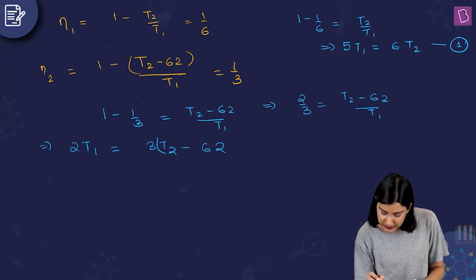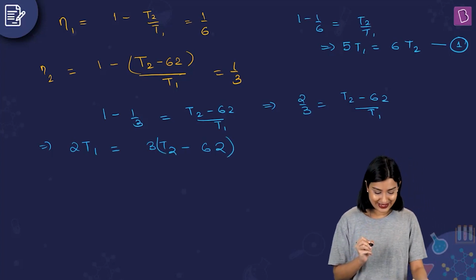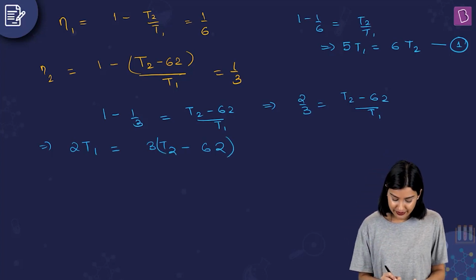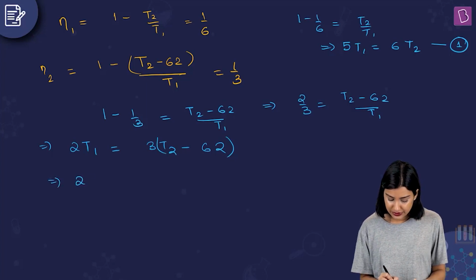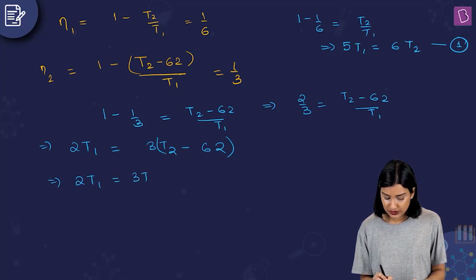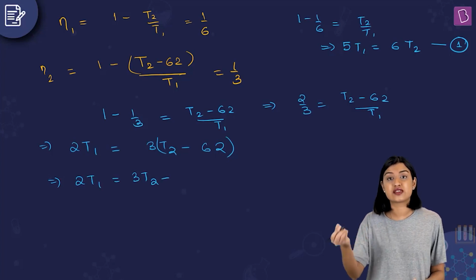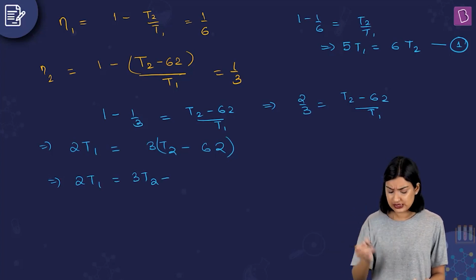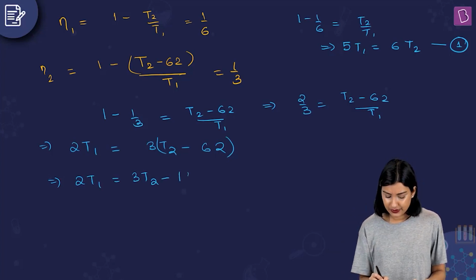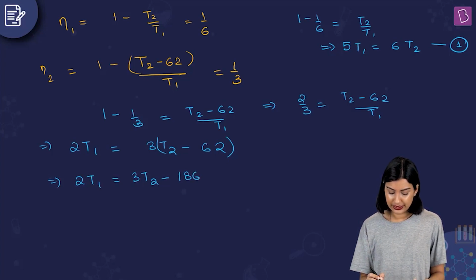Cool. So now what do we have? We have 2T1 is equal to 3T2 minus 3 into 62. So you have 180 plus 6, that is 186. This is what you get.